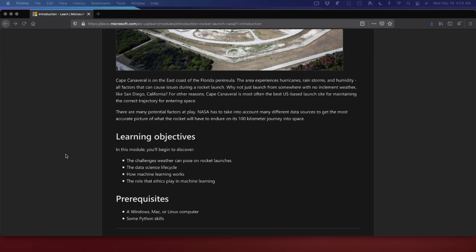Again, with materials and their expansion and contraction and all those sorts of things, they don't want to have a whole lot of variability in the process. So even though hurricane season is quite dangerous, there are a lot of positive reasons why they would choose a place like Florida as well. Positionally, they want to be close to the equator in the launch as well.